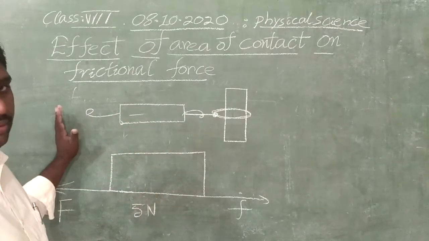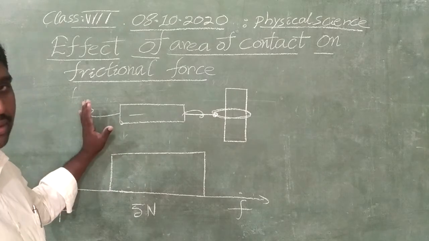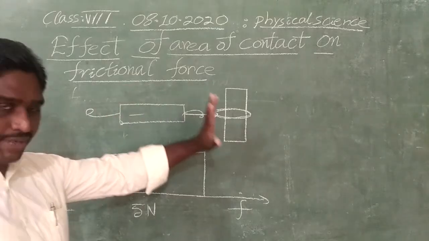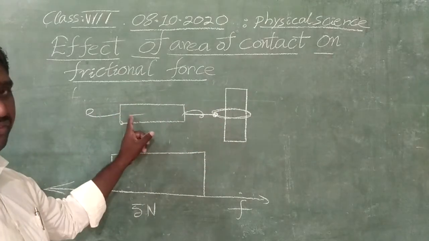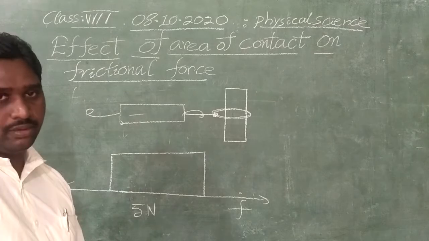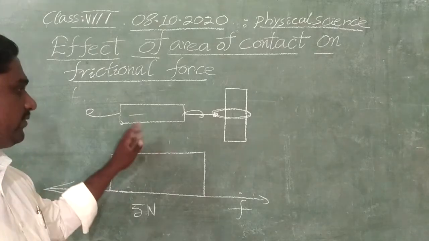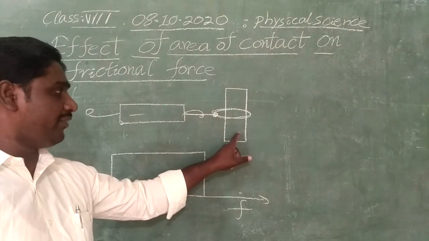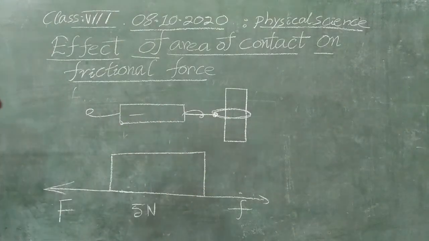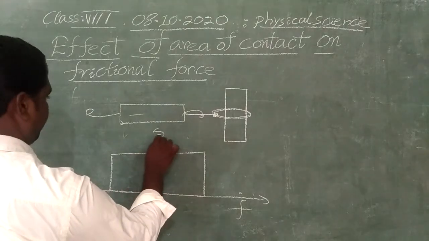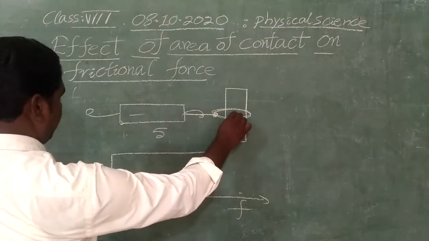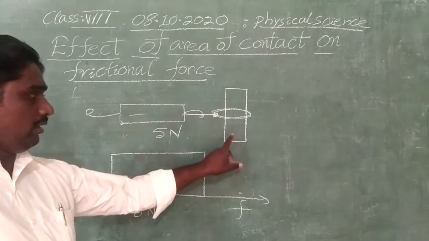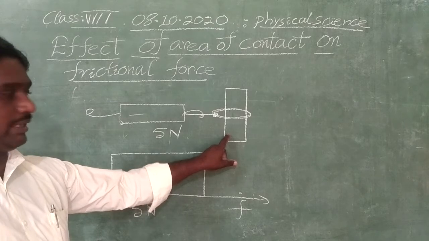Again, we can measure the applied force on the wooden block with the help of the spring balance. Okay, students, we measure the frictional force offered by the wooden block. How much force is offered by the wooden block on the floor? It is 5 newtons. So here, the orientation of the wooden block is changed to upright.